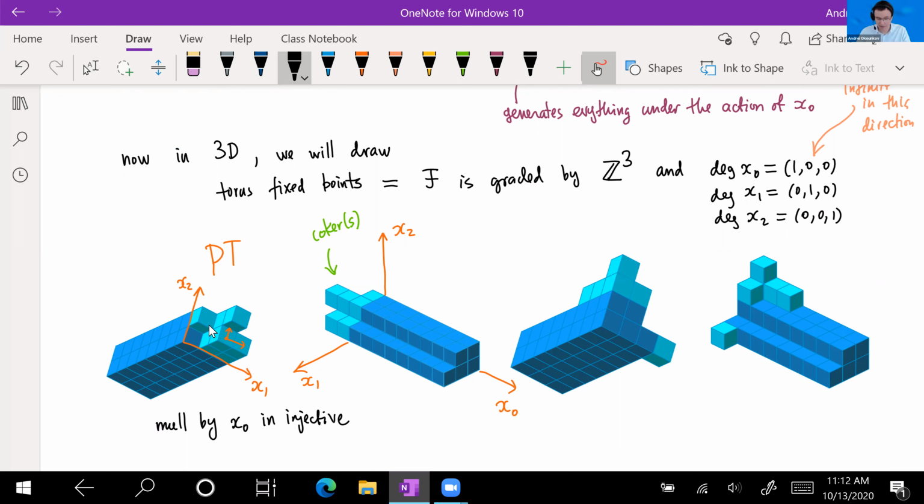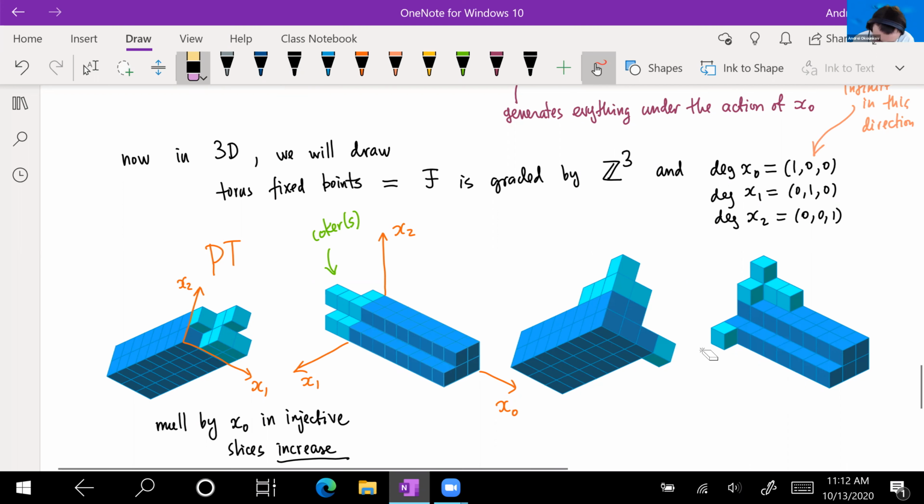Means the slices of this picture have to increase, right? I mean, you take slices and get bigger and bigger.